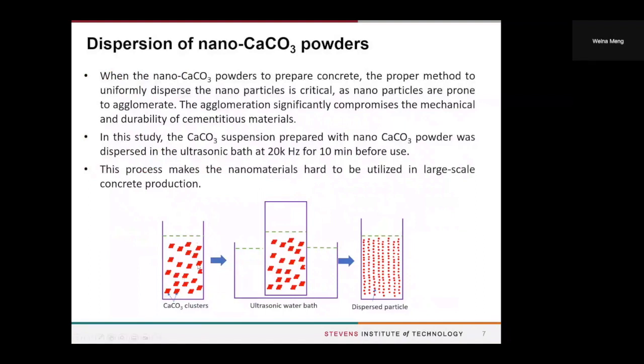So we should disperse it. What we did for this study is we just used an ultrasonic water bath at 20 kHz for 10 minutes before we used this suspension to prepare the concrete. As you see, this process for dispersion of nanomaterials is also hard to utilize in large-scale concrete production.